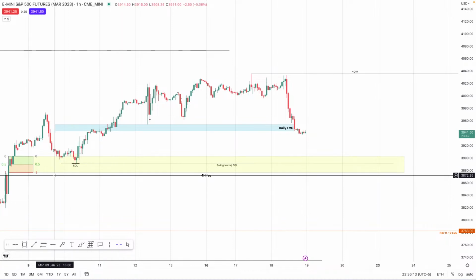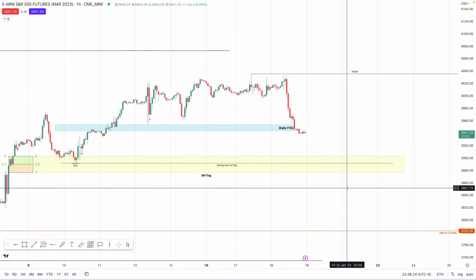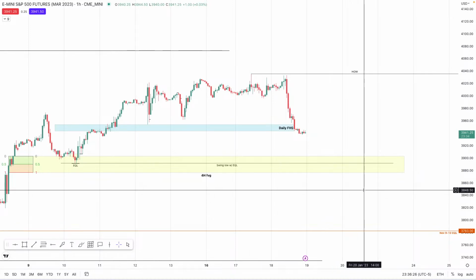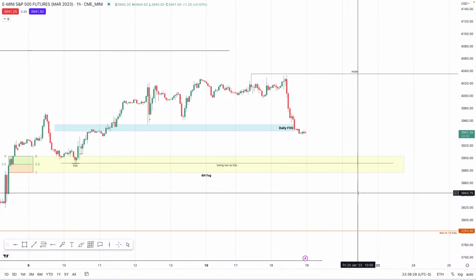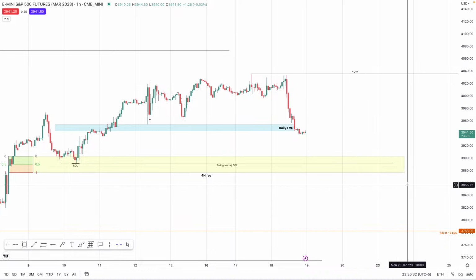All right, 1-hour order block below this fair value gap. Okay, so I'm not going to mark that out right now. I don't like to make my charts too messy. I just kind of like to note the major things on these higher time frames.